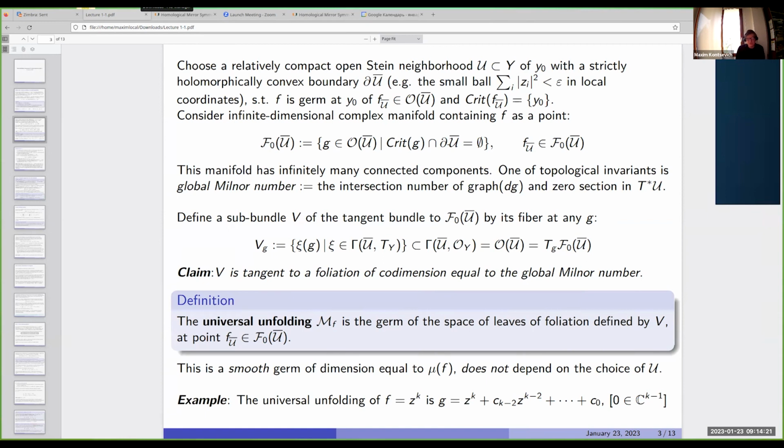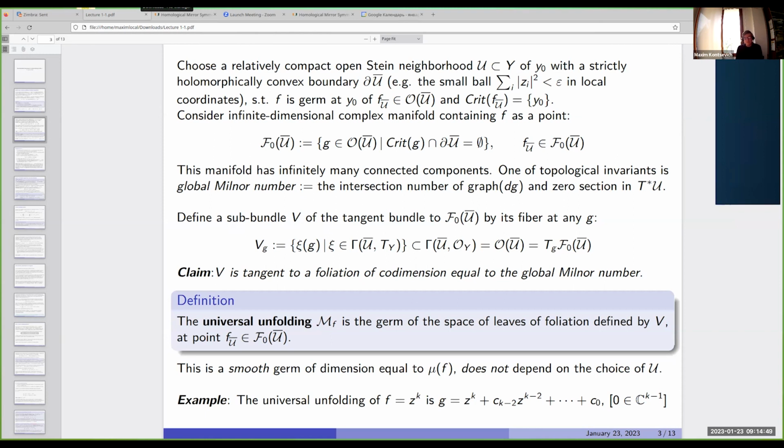And this whole space of functions contains a vector subspace, namely apply all holomorphic vector fields defined in u bar in its neighborhood to my function g, to get a holomorphic function in the neighborhood of u bar. It's a subspace. And it's very easy to see that it has finite codimension, and the codimension is equal to this global Milnor number, which is an invariant of the connected component.